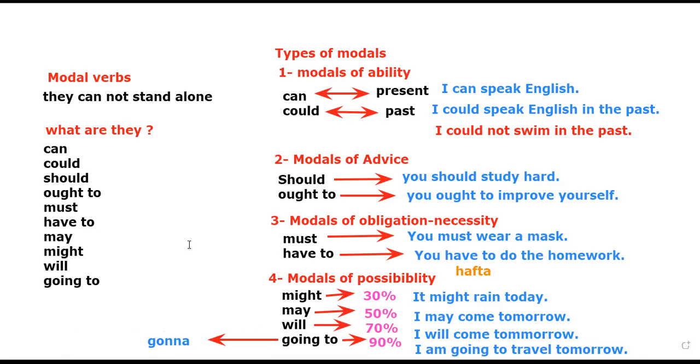Okay, so I'm gonna go. It's gonna rain. I'm gonna come tomorrow. I'm gonna travel. I'm gonna travel immediately. I'm gonna travel tomorrow. I'm gonna come with you. I'm gonna go, for example, وهكذا.